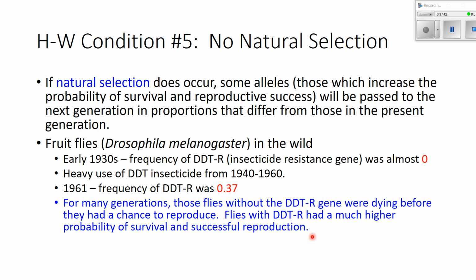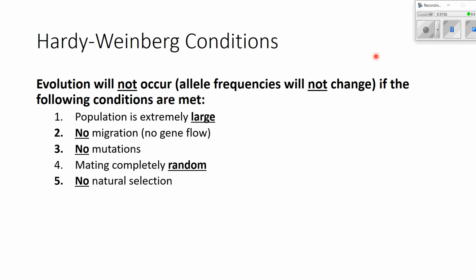So again, Hardy and Weinberg said, if all 5 of the conditions are met, let's go back and look at those again. If all 5 of these conditions are met, then p and q values are not going to change from generation to generation.